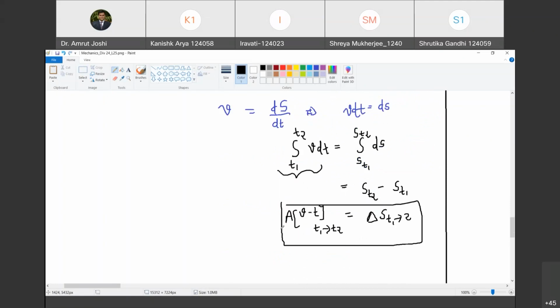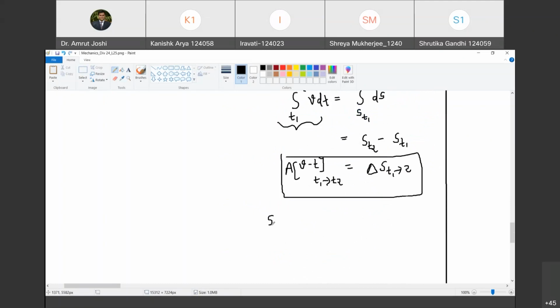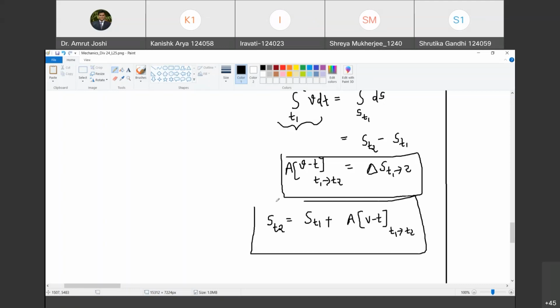Are you with me? So this can also be represented as position at time t2 is equal to position at time t1 plus area under velocity time diagram from t1 to t2. Happy? Okay.